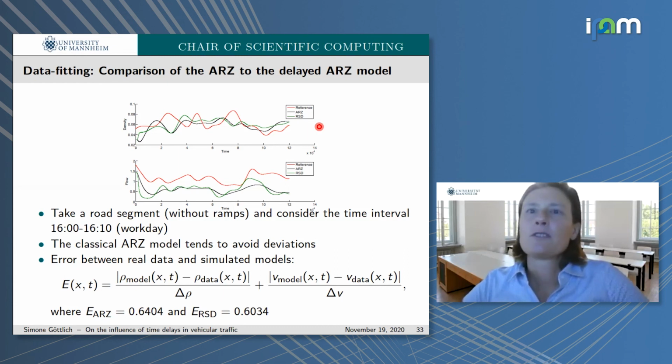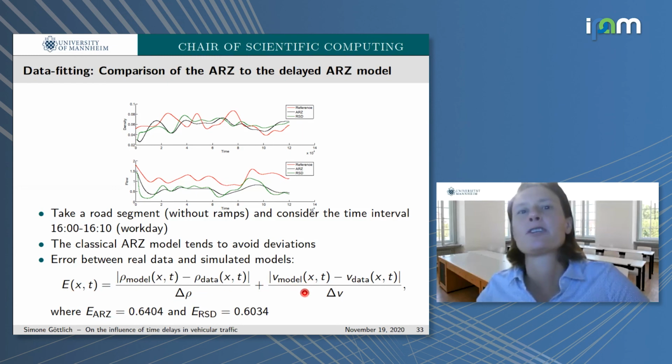What we also did is measure the error between the real data and the simulated data via one error measure, presented also in this work by Van Hertie and Seibold, given by this expression here.